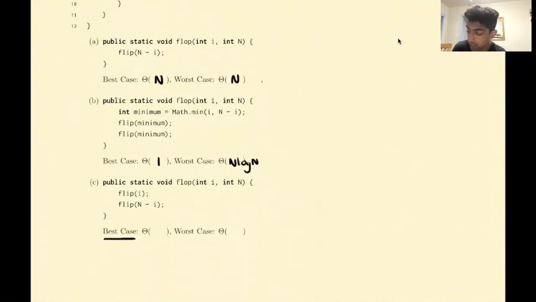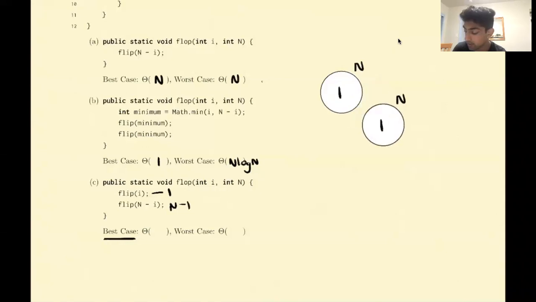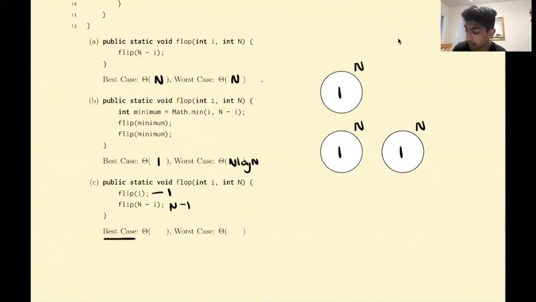And what we will see is that we get this corresponding tree, where the first time we call flip, we do one work, and then we issue 2 recursive calls. We issue a recursive call to 1 and a recursive call to n minus 1. So we have one call to n minus 1, and we have another call to 1, okay?